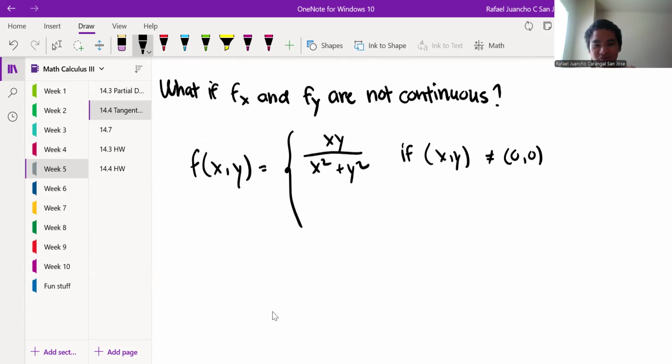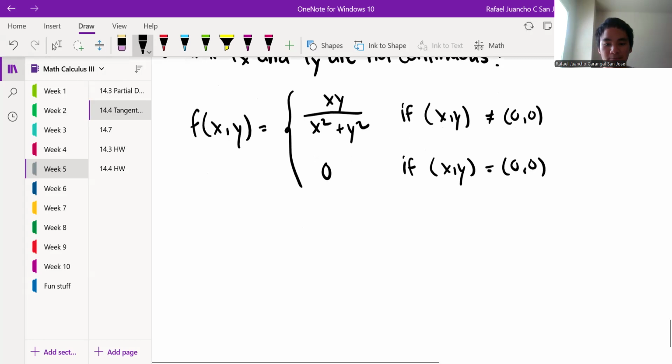And then it's zero if x and y are both zero. Then it just means I'm at the origin in my 3D space, right?